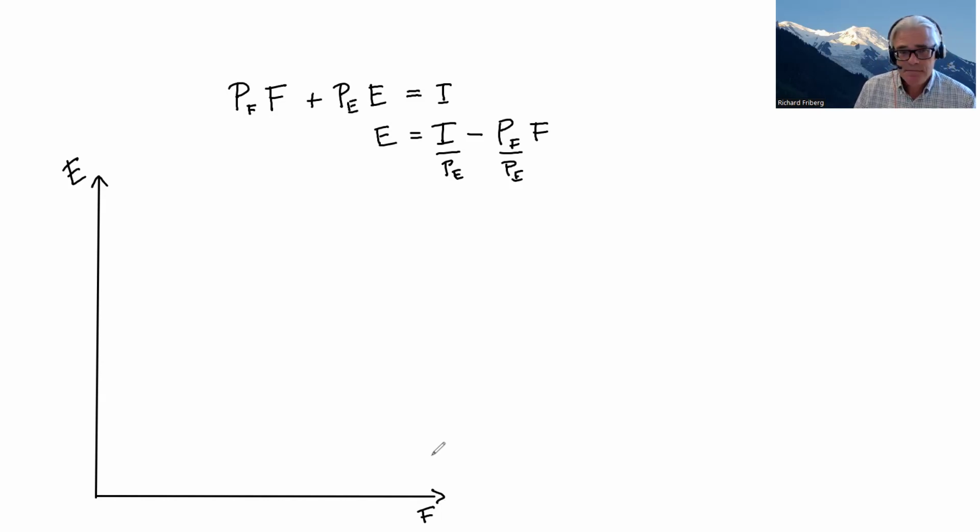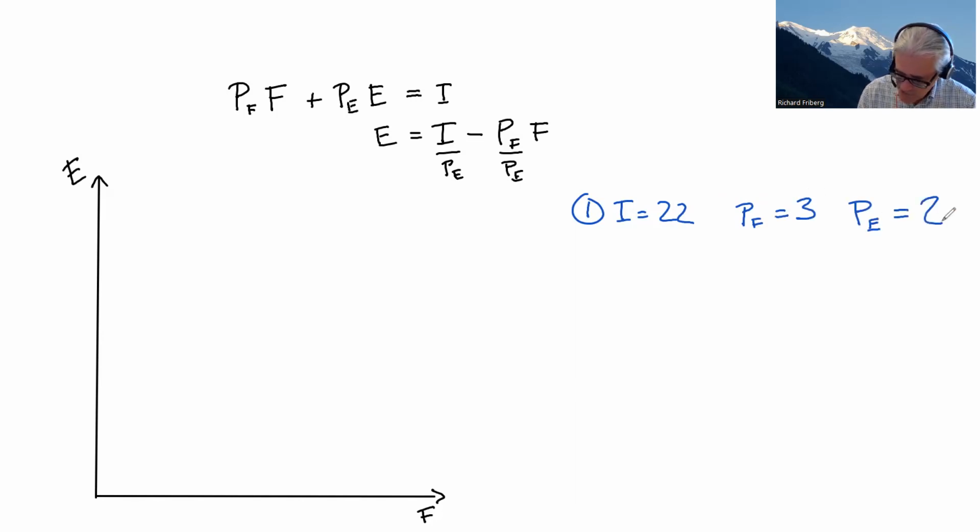Let's graph some different examples, and to do that we need some numbers. First, let's look at the case where income equals 22, price of food equals 3, and price of entertainment equals 2.